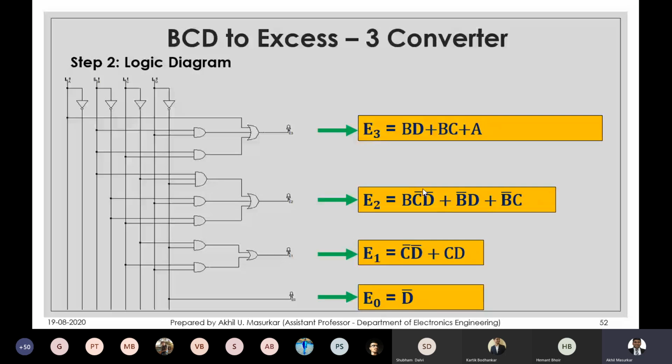BCD to XS3 is there in front of you. Now we have to go the other way around. XS3 to BCD. The valid numbers in XS3 are from 3 to 12. The valid numbers in BCD are from 0 to 9. So now your target should be 3 to 12. So I want you to think and make the truth table. Anyways, I'll give you the answer through my notes. It is already there in the PDF that I am circulating with you. Okay.